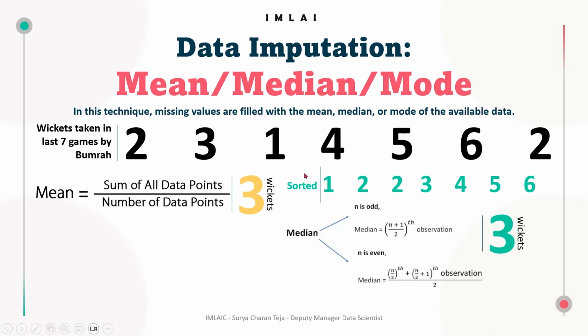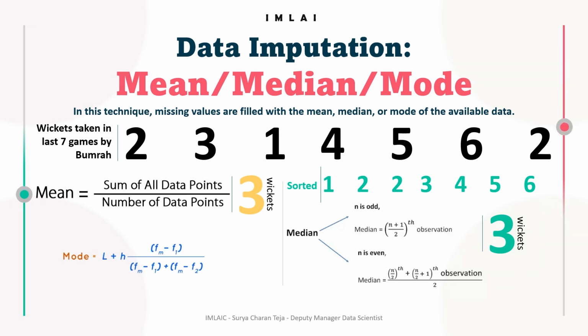The fourth observation is 2 and the fifth is 3. 2 plus 3 is 5, divided by 2, gives 2.5 wickets. As it is discrete, I will round it to either the floor or ceiling. That's how we calculate the median if the total number of data points is odd or even. Then the next technique we have here is mode.